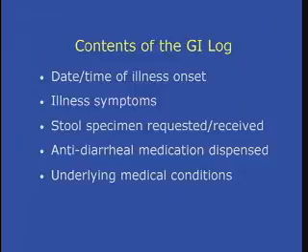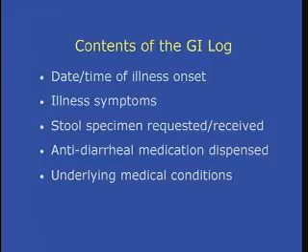Continuing with additional elements that are required in the GI log, the date and time of illness onset is extremely important to outbreak investigations, as well as illness symptoms, including diarrhea, vomiting, and other symptoms that we'll describe later in the presentation.